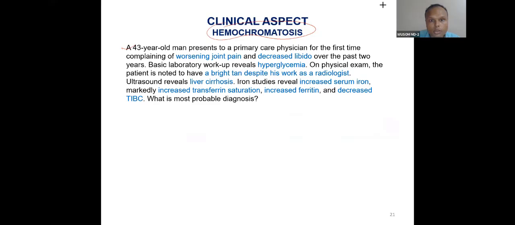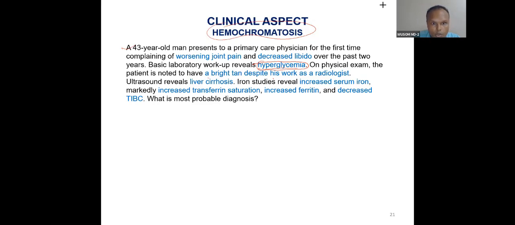A 43-year-old man presents to a primary care physician for the first time, complaining of worsening joint pain and decreased libido over the past 2 years. Basic laboratory workup reveals hyperglycemia. Note this point. On physical examination, the patient is noted to have a bright tan despite his work as a cardiologist.